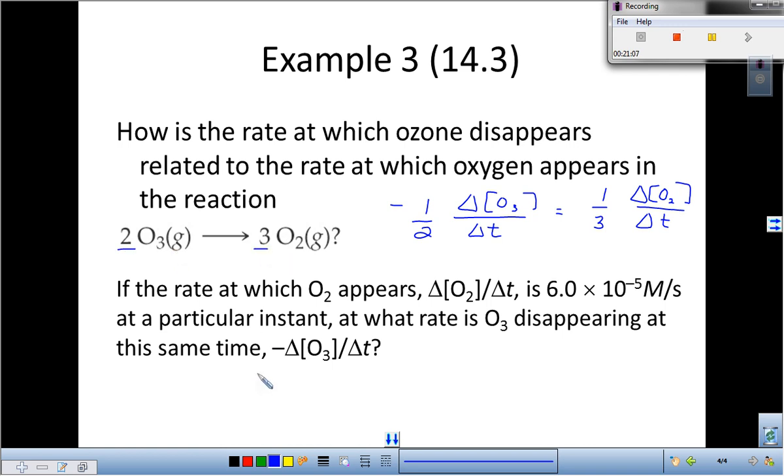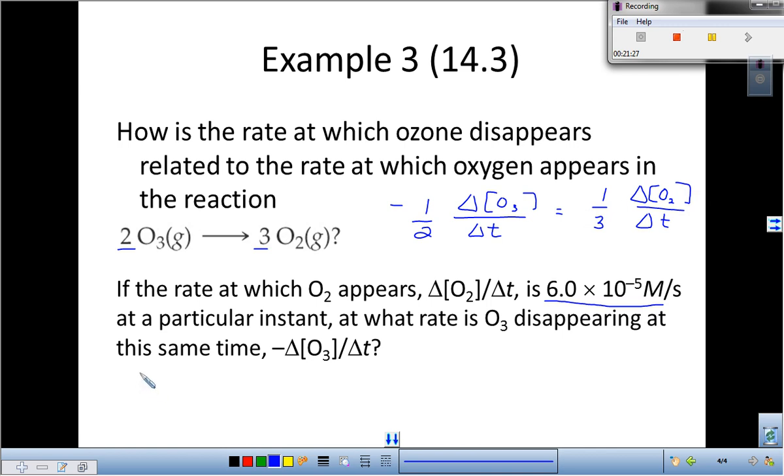Why'd you make it 1 over 2 though? Just do it. That's a lot of moles of O3. You'll see. Let me rearrange and you'll see. So, here's a number. They give us the rate of appearance of O2. They tell us the number of the rate of the appearance of O2. So we can plug in that number right here.